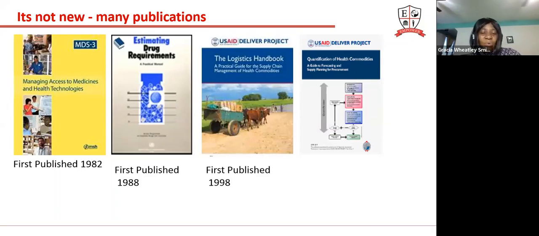The Logistics Handbook was first published in 1998, and Quantification of Health Commodities was published in 2014. So we can get those resources off the net, and continue to look and improve our skills in quantification.